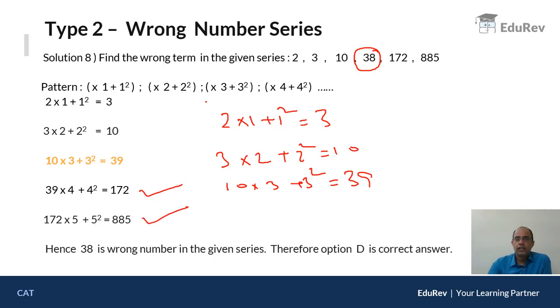The pattern was into 1 plus 1 square, into 2 plus 2 square. Hence, this number is wrongly placed. Here, instead of 38, it should have been 39. Therefore, 38 is the wrong number and option D was 38. Therefore, we'll mark option D.